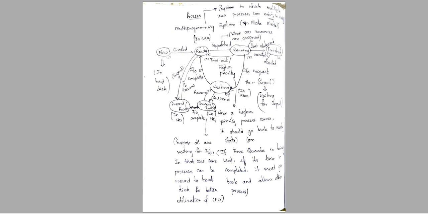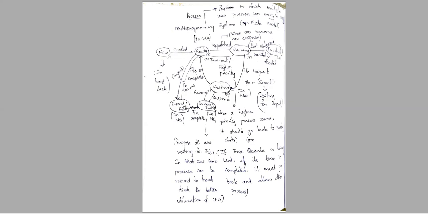Now if from here it is resumed, then they are loaded back into RAM. When they are loaded back into RAM, it goes into waiting state. Here if IO completes, then they are in suspend ready state. This is also present in hard disk only.